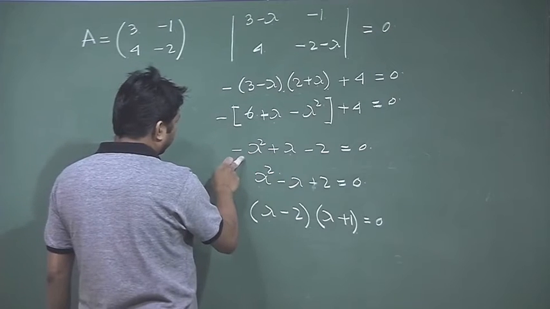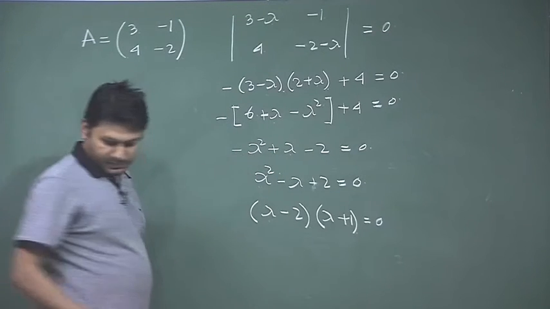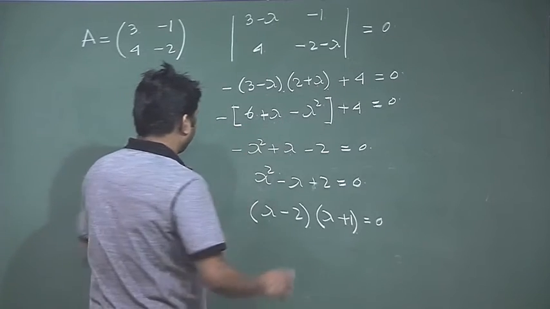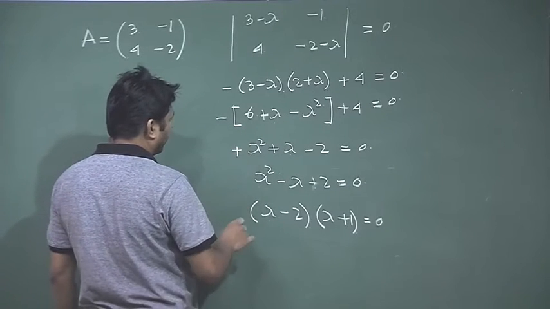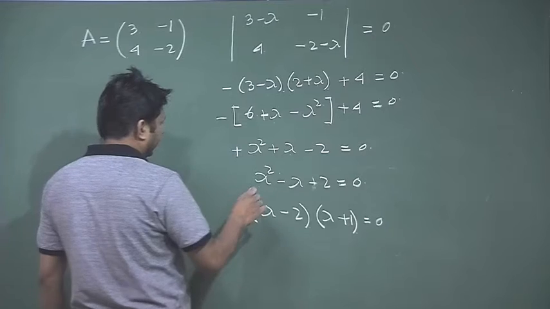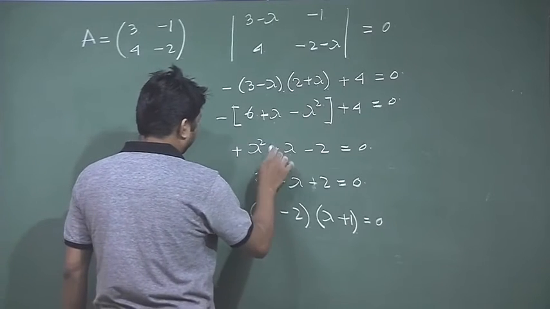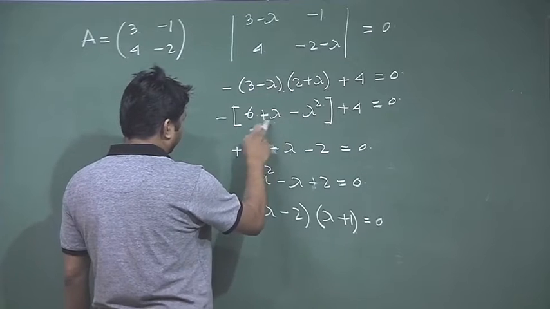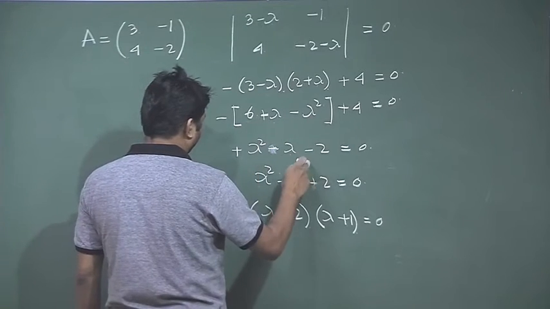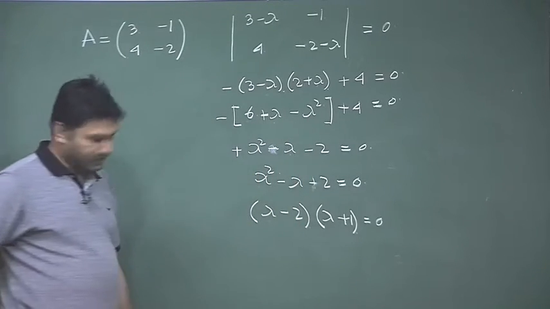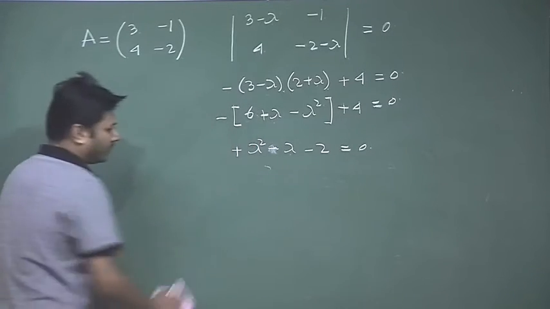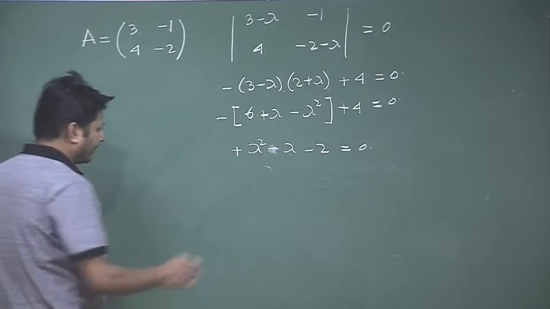Okay, here I was making one mistake. This minus sign is plus, and this will be minus 6 and plus, so it will be minus 2. I am making small mistakes here. So now I think I should factorize that.